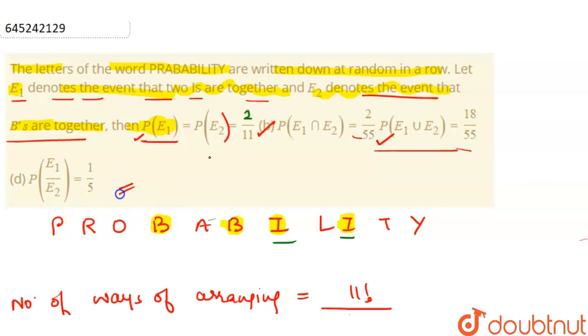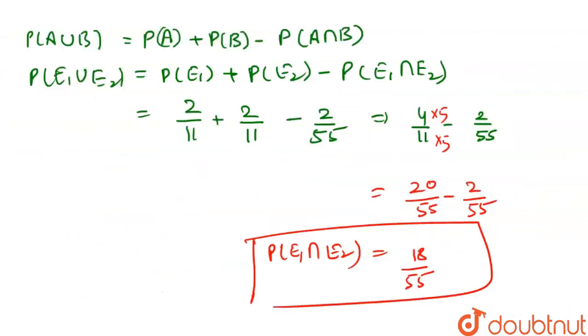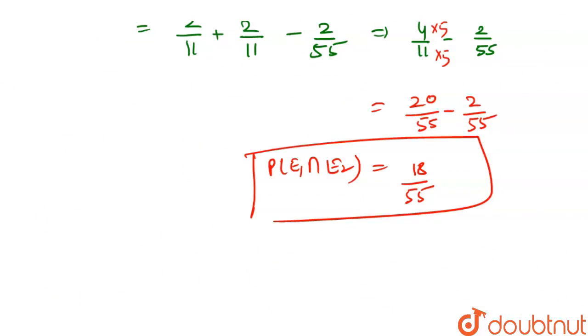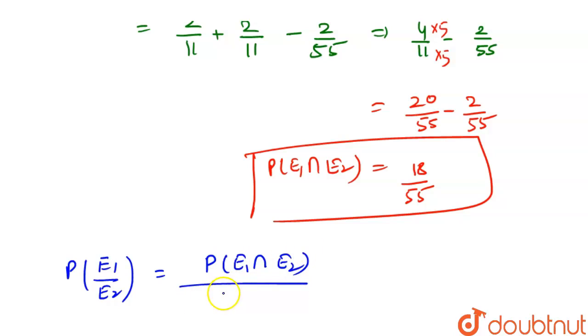Now we will check the last option, which is P of E1 given E2. We have the formula that P of E1 given E2 is P of E1 intersection E2 upon P of E2. This says E2 has already occurred when E1 is occurring.